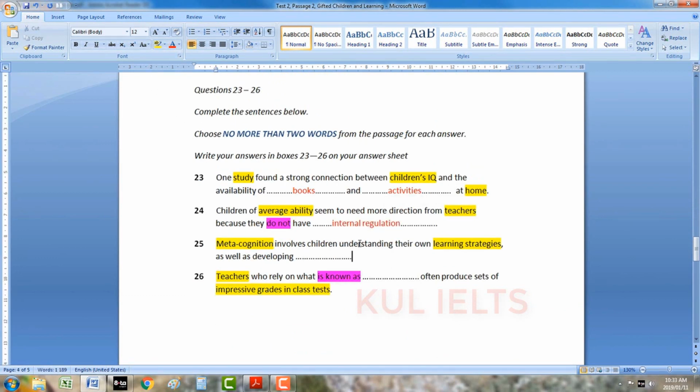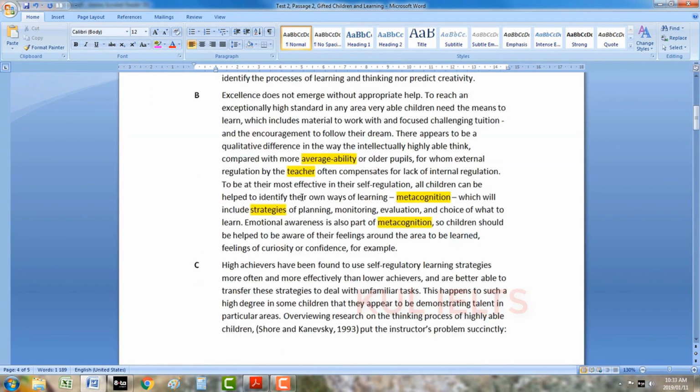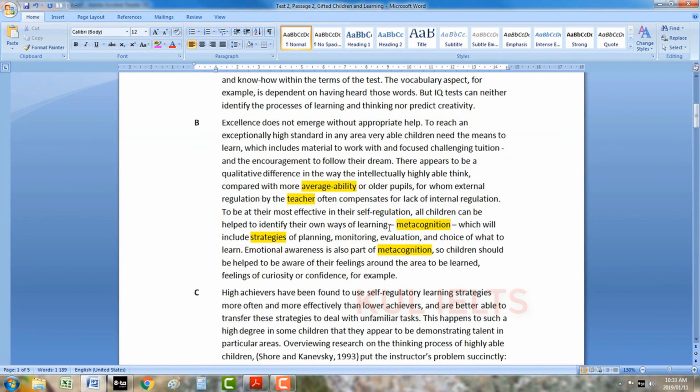Metacognition involves children understanding their own learning strategies, as well as developing something. Understanding their own learning, as well as developing something. So here's metacognition, which will include their own strategies of planning, monitoring, evaluation, and choice of what to learn.